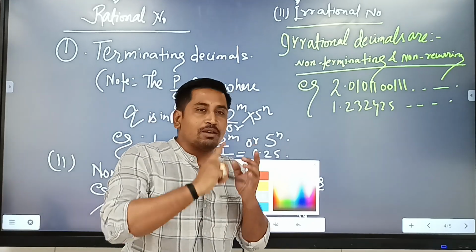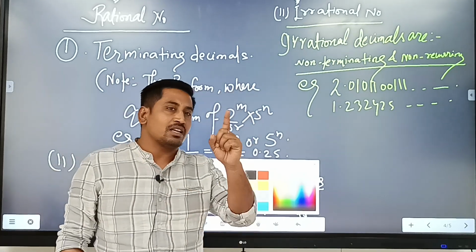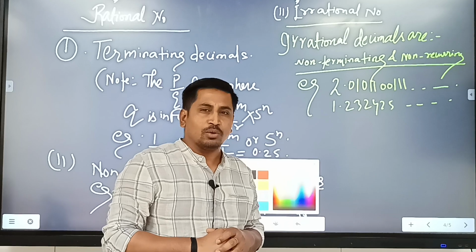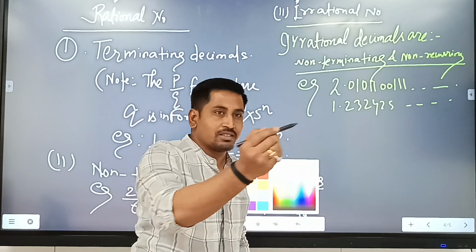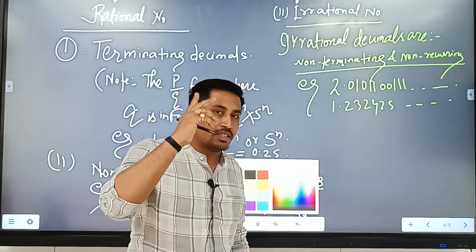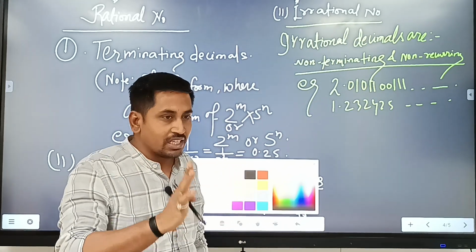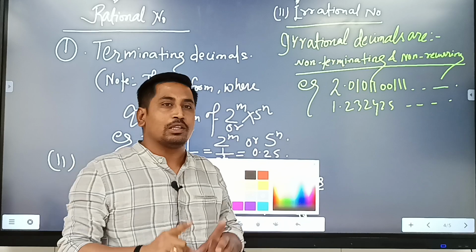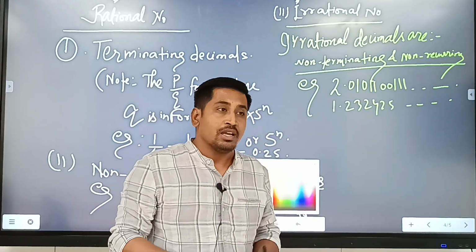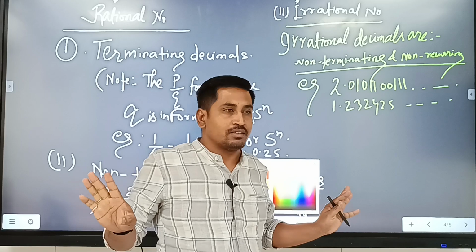Okay, now you tell me one more question. Can we get a rational number in between any two irrational numbers? Yes, we can get infinite rationals in between two given irrational numbers. That's great, beta. It is not necessary that between two rationals an irrational will not be found, and between irrationals a rational will not be found. It is infinite.